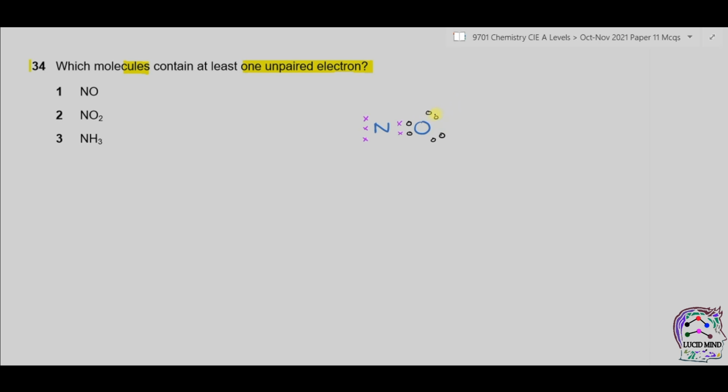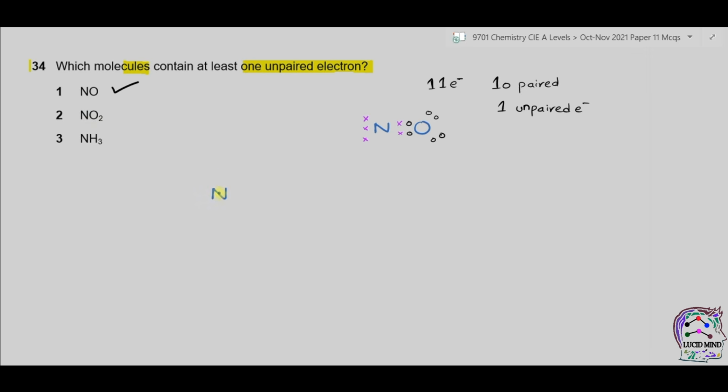Now in total we can see that we have 11 electrons. It means 10 are paired and only one is left, that is unpaired. So one is correct. Second one is NO2.